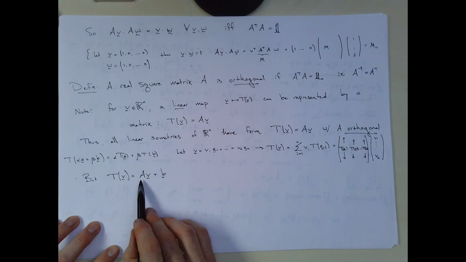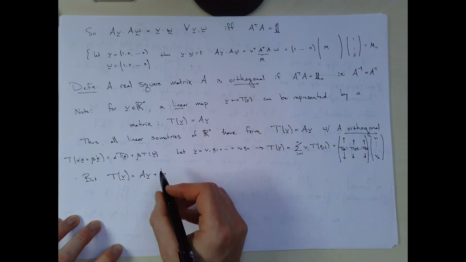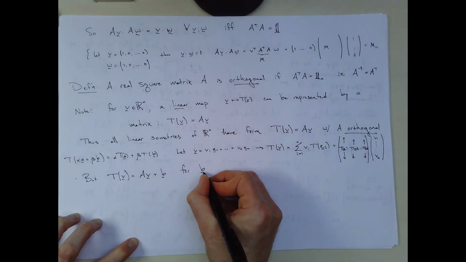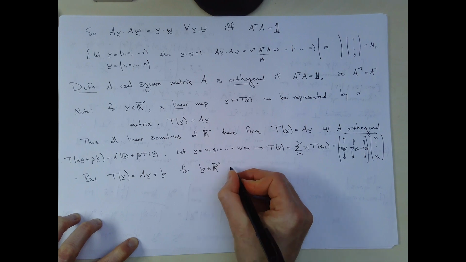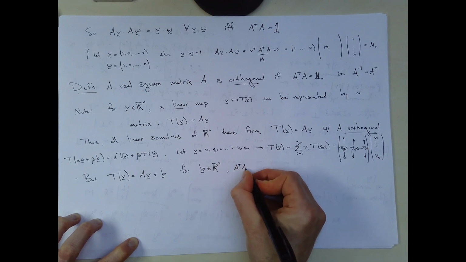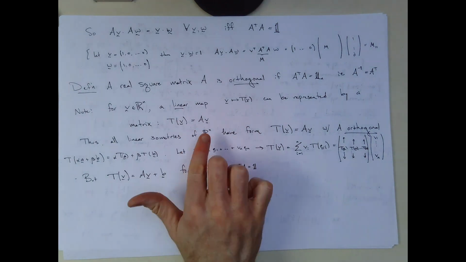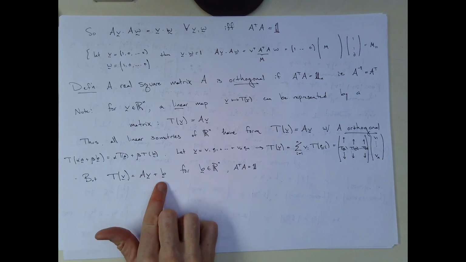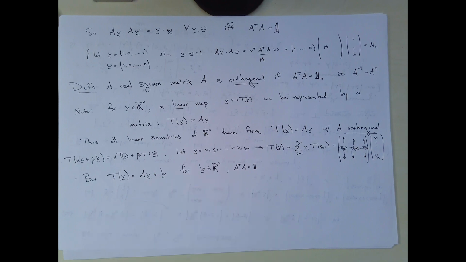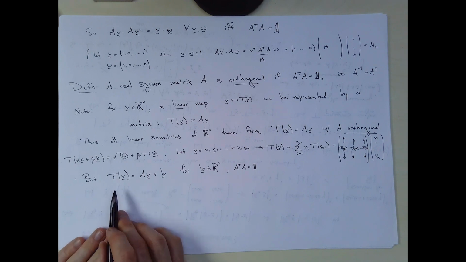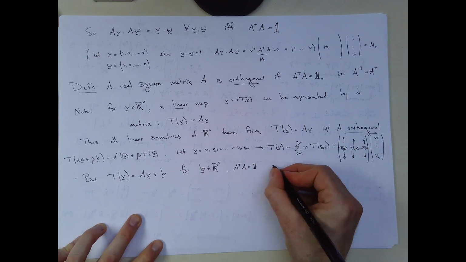T of V is A V plus B, so B being a fixed vector in Rn, and A being orthogonal, so A transpose A equals identity. So this is the map here, TV, multiplication by an orthogonal matrix, but then plus a constant vector B, which is like just a shift. Right. My claim is that this is also an isometry.